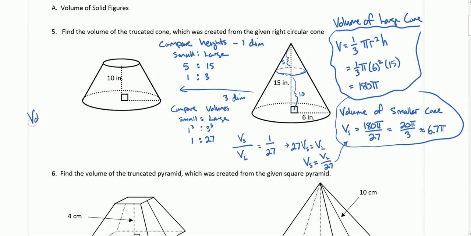So the volume of the truncated cone is equal to the volume of the larger minus the volume of the smaller, which is 180 pi minus roughly 6.7 pi, which is about 173.3 pi.